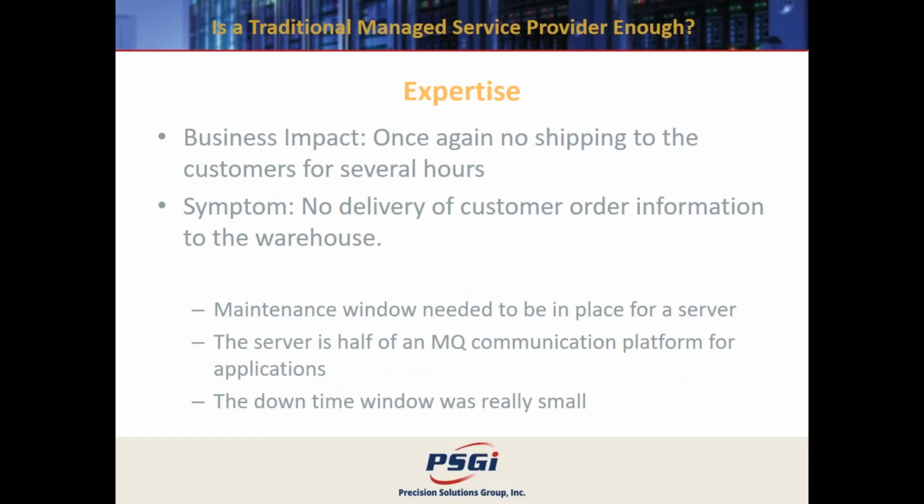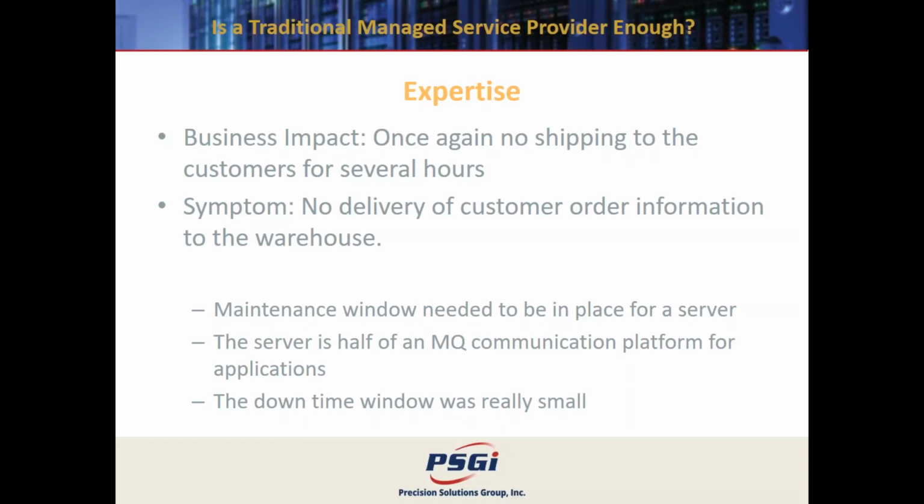So I have another example that also has to do with shipping. In this case, the customer order information wasn't being delivered to the warehouse. So as we all know, no shipments were going out. But what actually preceded this application problem was that the MSP needed to perform maintenance on a server.